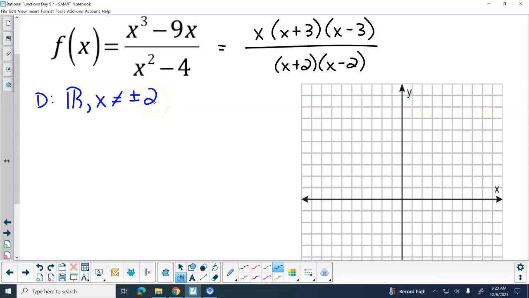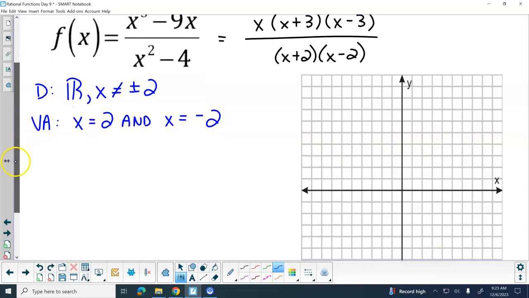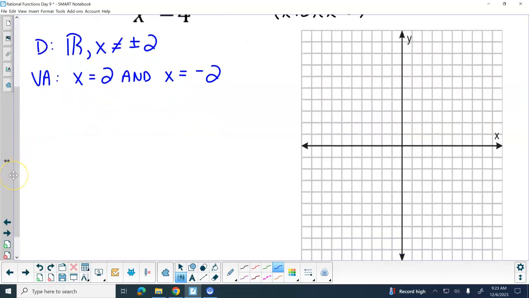Which makes my vertical asymptotes be? Those are numbers. Could I write that as x equals plus or minus 2? Nope, I have to write those out separately because it's 2 separate lines. Okay? So let's put those on our graph.